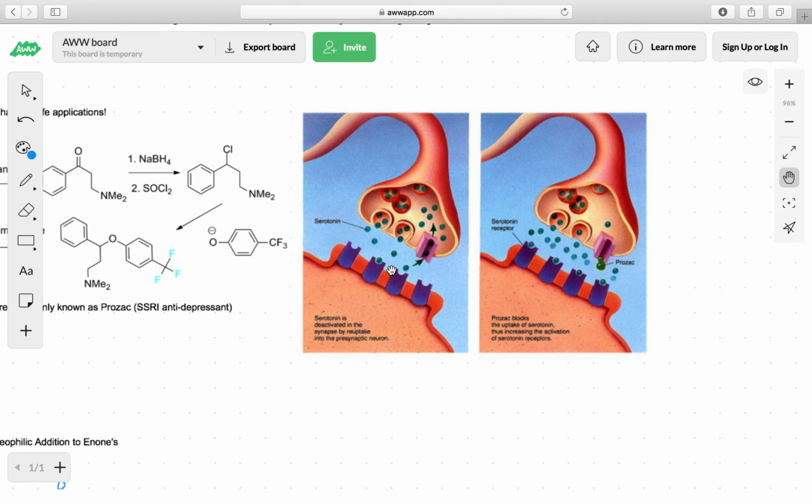In people who are depressed, they don't have as much or they want more. So what they do is they prevent the reuptake of the serotonin back into the neuron, so there's more time for it to hang around here. So the Prozac blocks this channel, sort of. So now people have this better feeling of happiness because there's more serotonin just staying in the synaptic cleft.